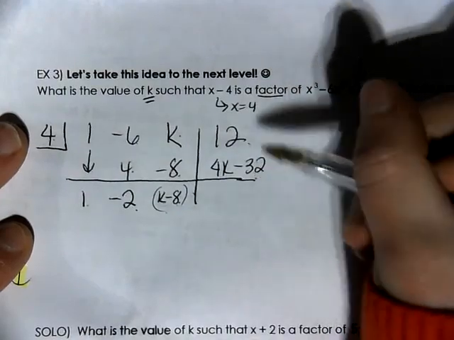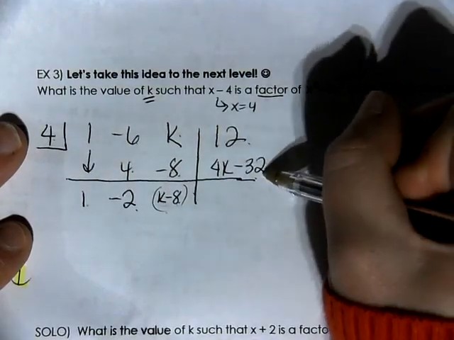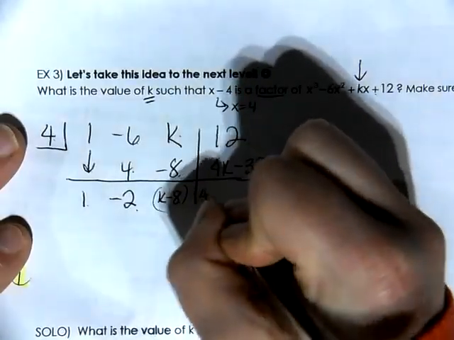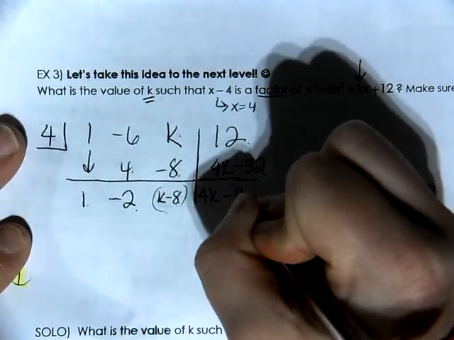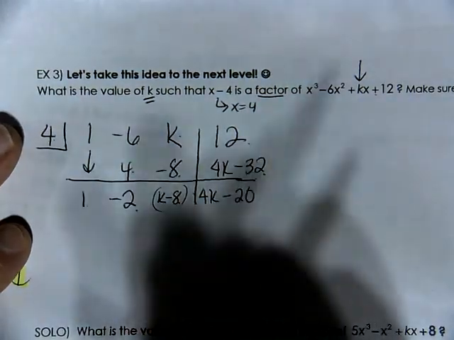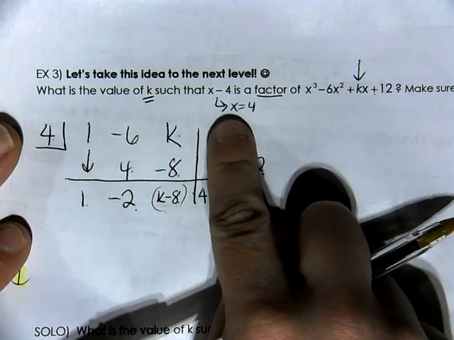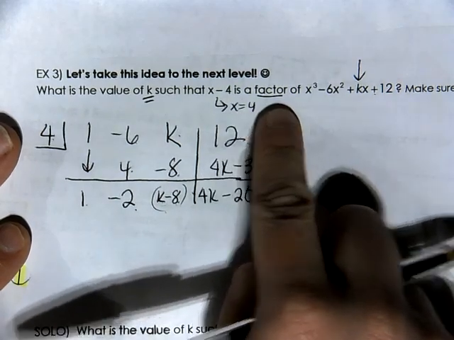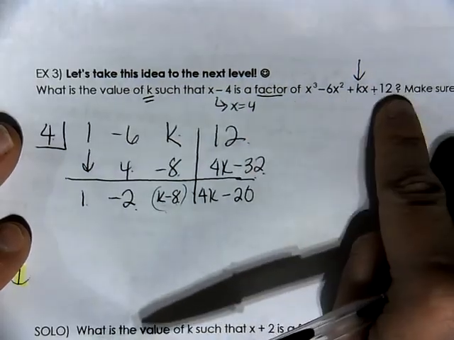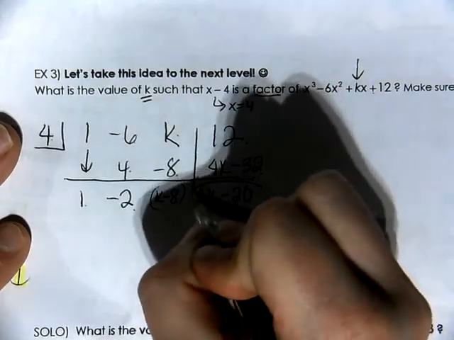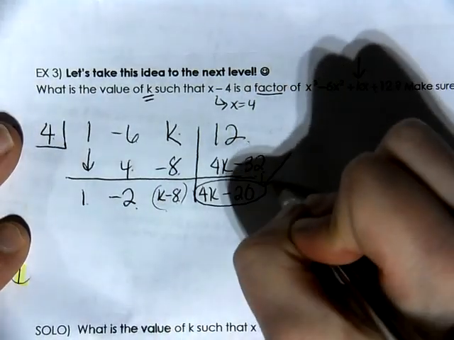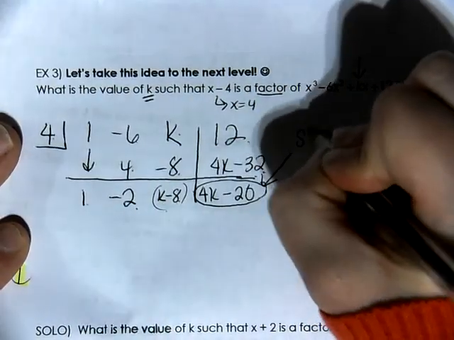And now I'm going to add going straight down. 12 plus negative 32 is 4k minus 20. Now, if x minus 4 is a factor of this polynomial, the remainder needs to be 0.